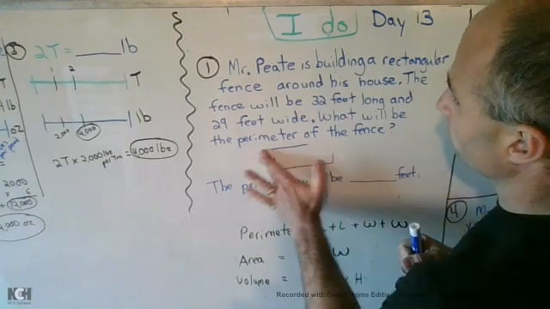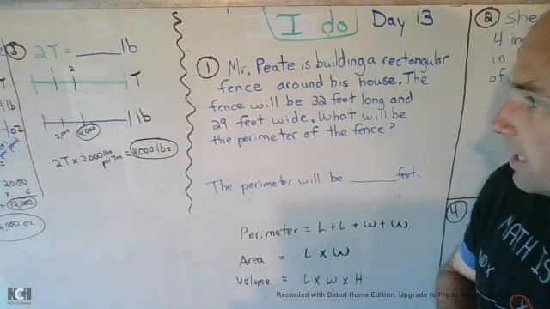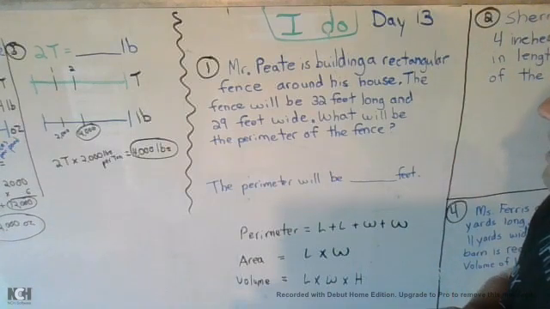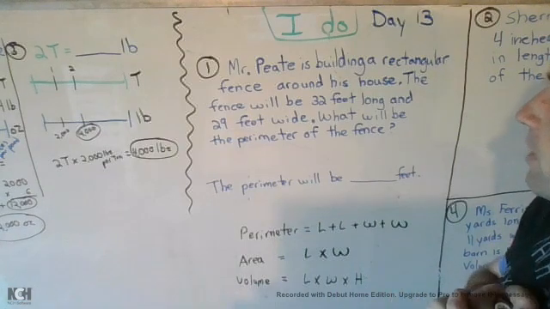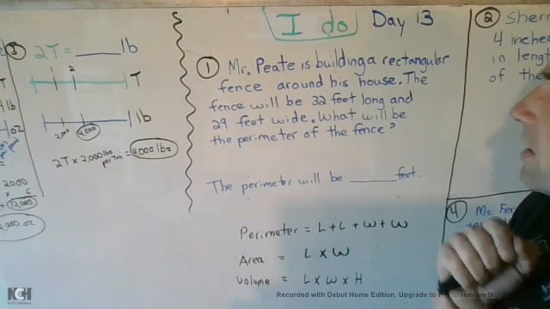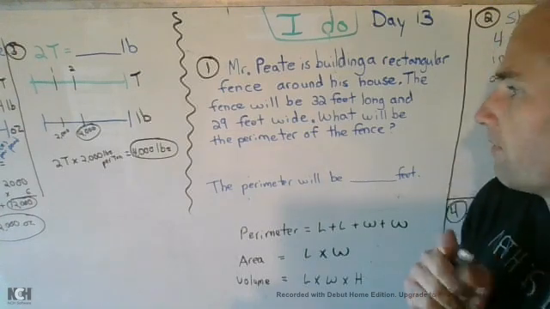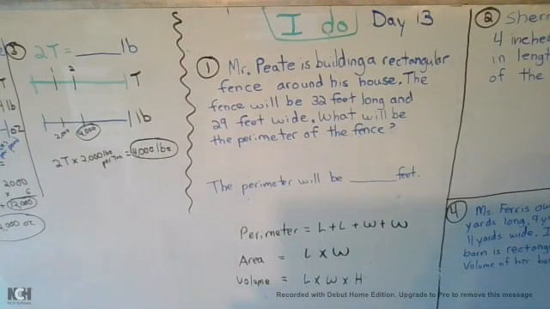So this first problem we have here is just finding perimeter. Okay, Mr. Pete is building a rectangular fence around his house. The fence will be 32 feet long and 29 feet wide. What will be the perimeter of the fence? So I'm going to make my rectangle.